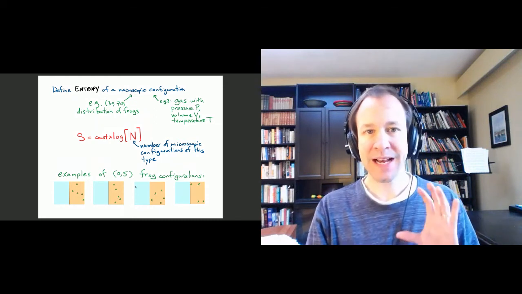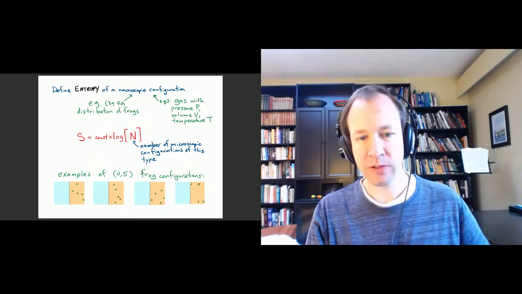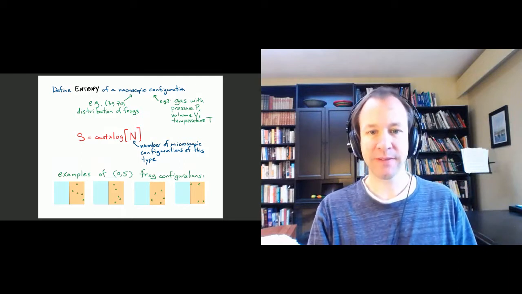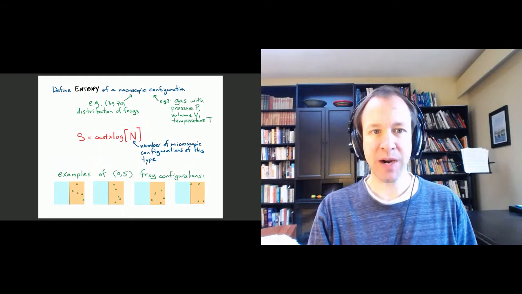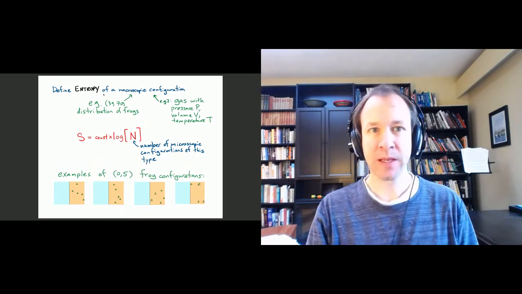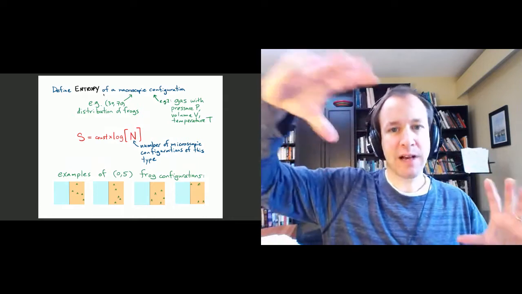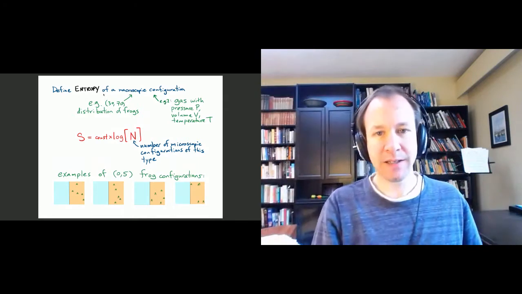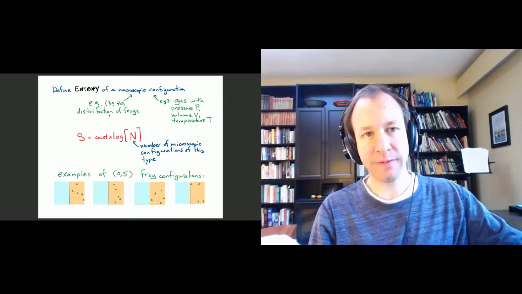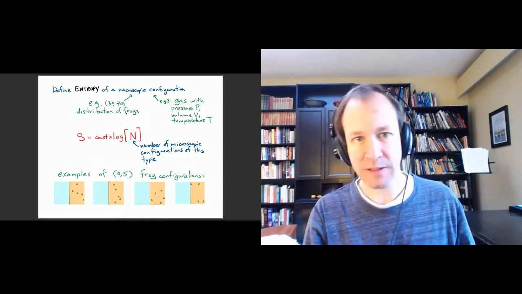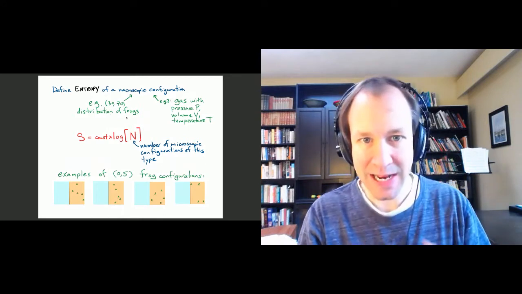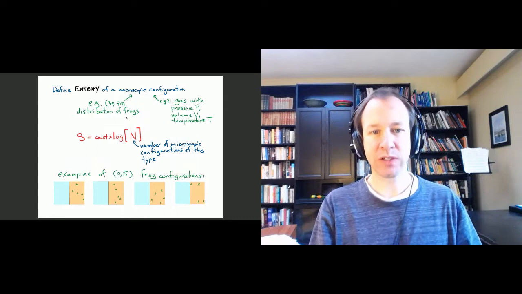And that was just directly related to the count of these configurations. So entropy is a property that we can assign to some macroscopic configuration, meaning if you say there's 30 frogs on the left and 70 frogs on the right, we can associate an entropy to that situation.